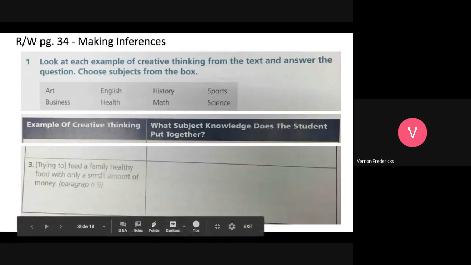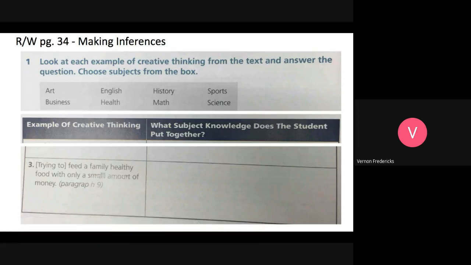Next slide. Okay, you do number 3. Trying to feed a family healthy food with only a small amount of money. From what subjects would you get this information?